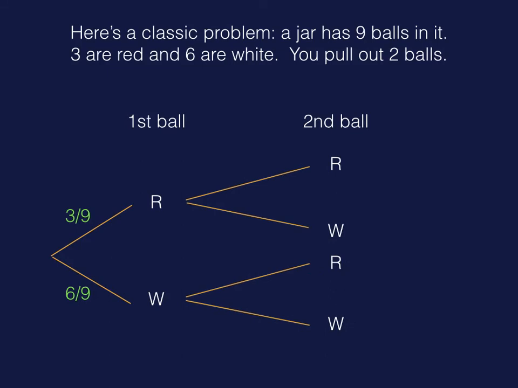But now you have to consider history. If the first ball is red, there's going to be 8 balls left, and only 2 red left and 6 white left. So those are the probabilities if the first ball is red. If the first ball is white, however, then there's going to be 8 balls, 3 of them are red, and 5 are white.